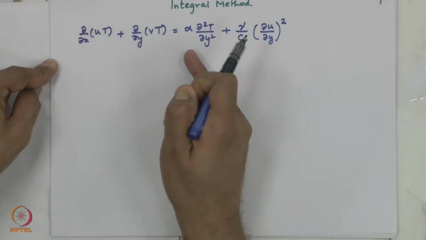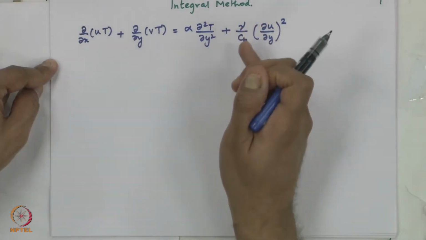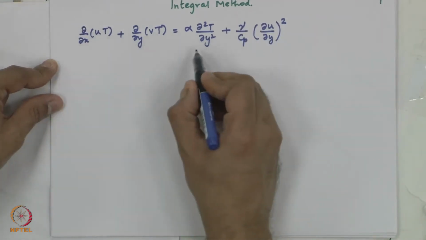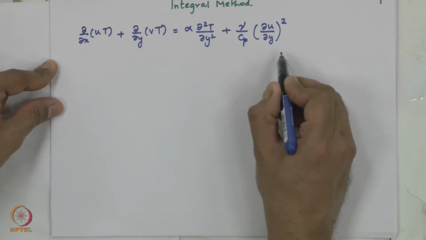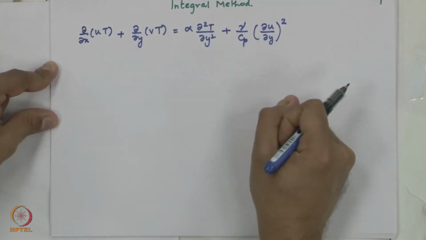The rho Cp is brought down here and you get alpha, and mu over rho Cp is nu over Cp. This is the advection term, this is the conduction term, this is the effect of viscous dissipation, which is important only in high speed flows.